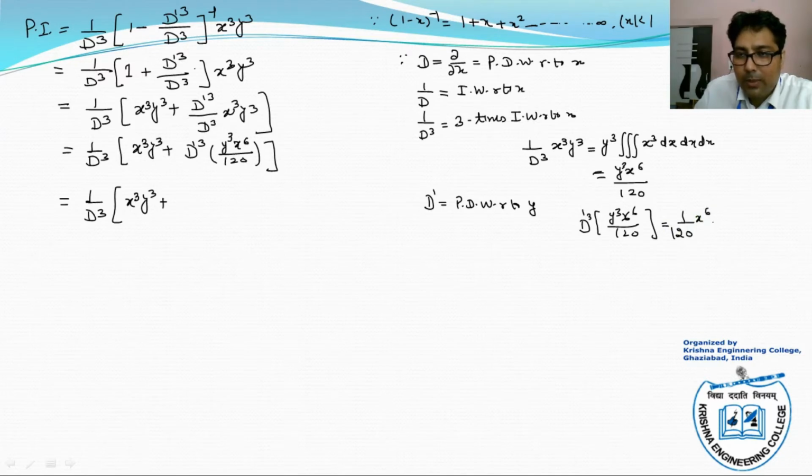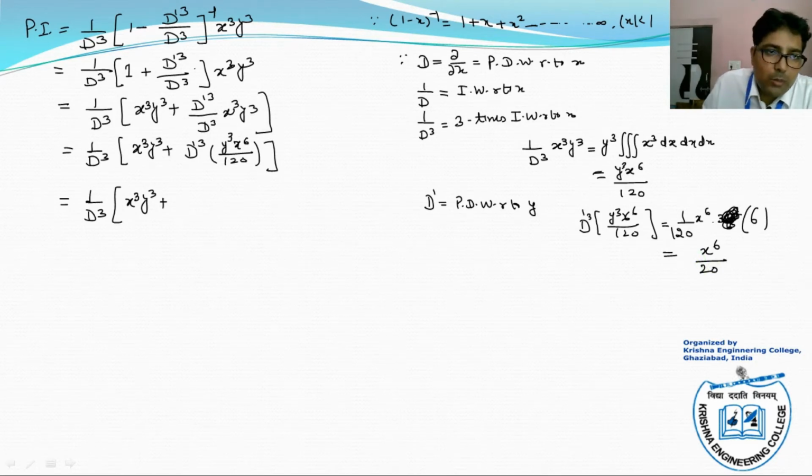Differentiate 3 times becomes 3 into y squared, again differentiate 6 into y, again differentiate 6. That means this becomes only 6, clear? So this is x to the power 6 upon 20. So this whole term becomes x to the power 6 upon 20.